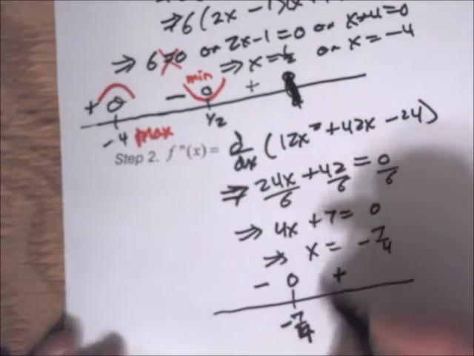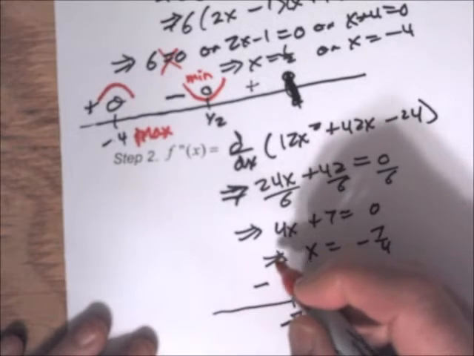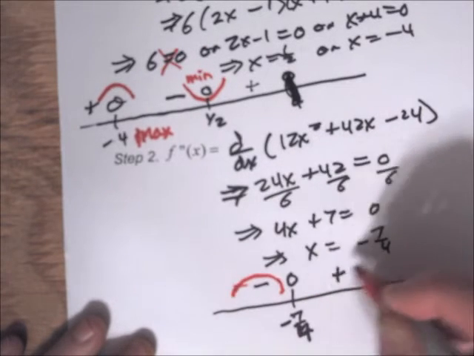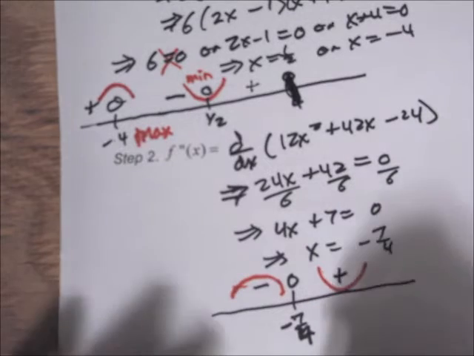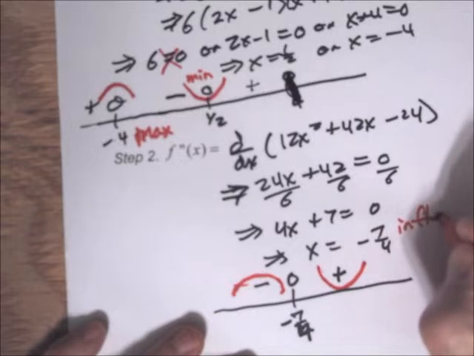So this is concave down, it spills water, and there's concave up, it holds water, and the point in between is called an inflection point, where it changes concavity.